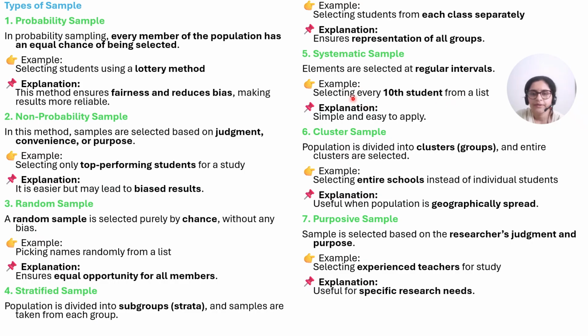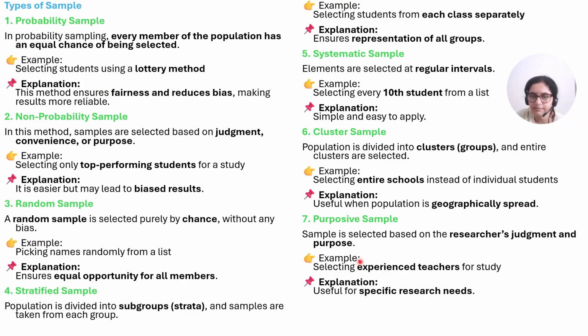Then systematic sampling. Elements are selected at regular intervals. For example, selecting every 10th student from a list. Then cluster sampling. The population is divided into clusters or groups and the entire cluster is selected. Example, selecting an entire school instead of individual students.